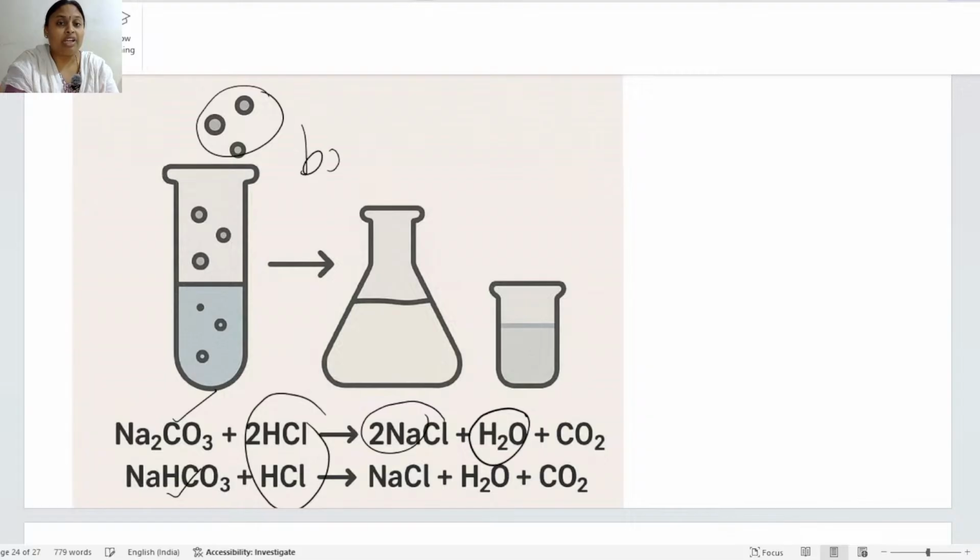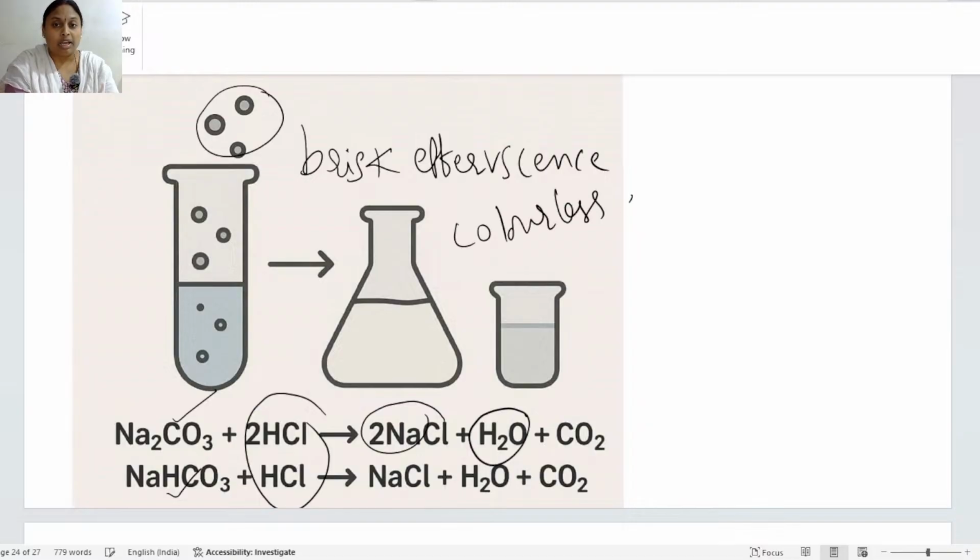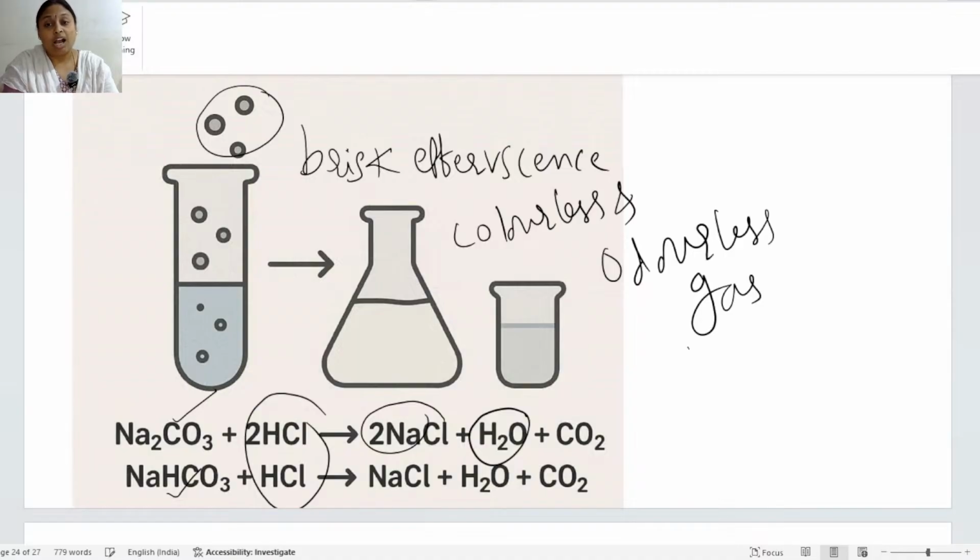So how can we identify this? We used to see brisk effervescence with a colorless and odorless gas. So then, how can we identify this carbon dioxide? Brisk effervescence is the indication for carbon dioxide. Just a minute, children.